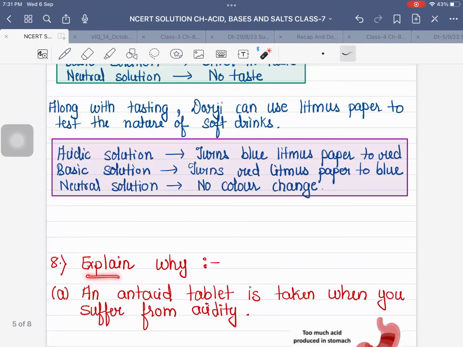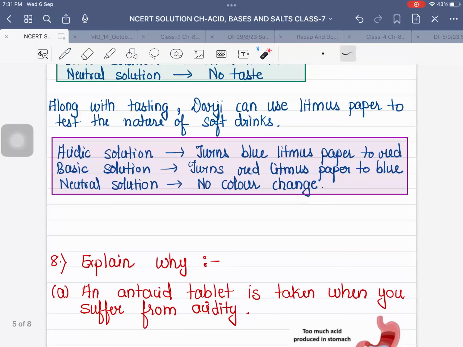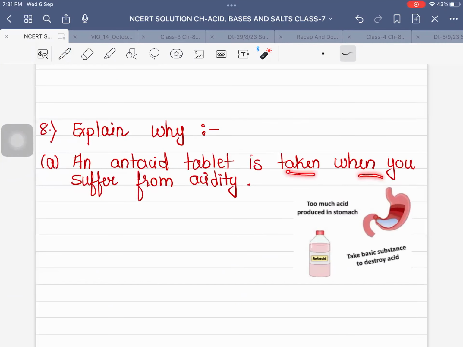Next one, explain why an anti-acid tablet is taken when you suffer from acidity.